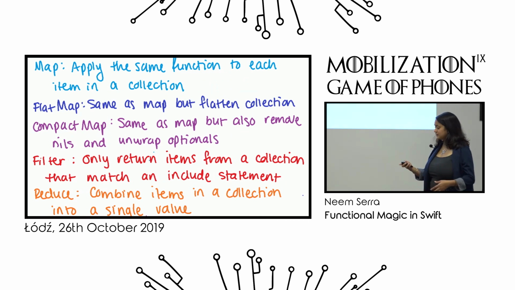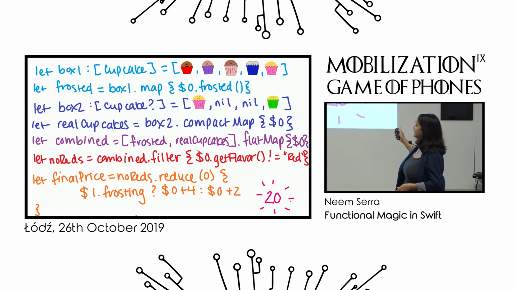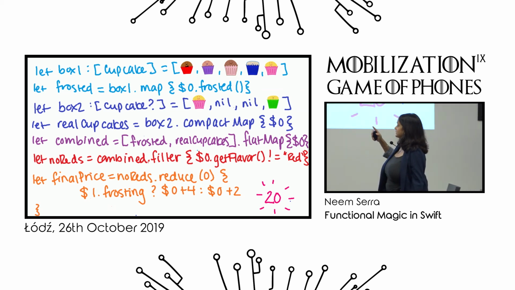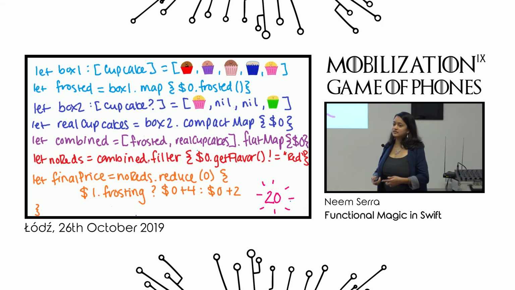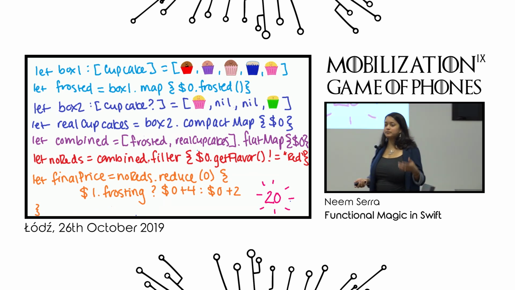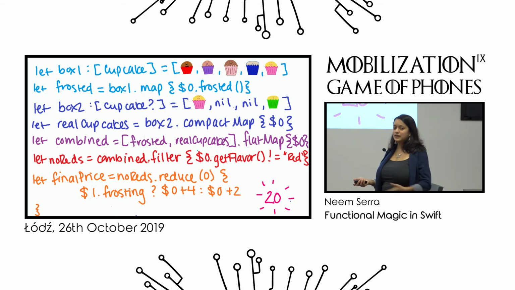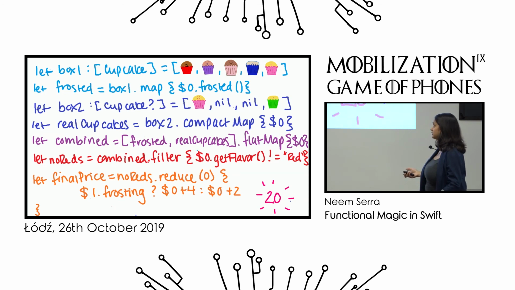Sorry, I'll go back to this. That is what, 1, 2, 3, 4, 5, 6, 7 lines of code. And if I had done this in all the ways without using map and filter and reduce and compact map and all of that, you would have probably had around 40, 50 lines of code.